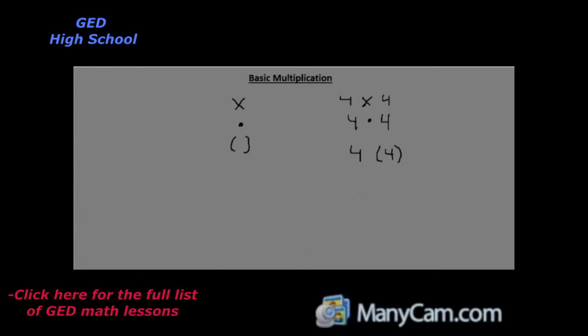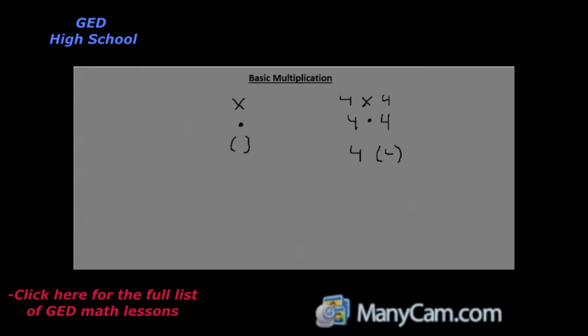Okay? And no matter what number, if it was 6 times 8, it could be written like this: 6, and then the 8 is inside the parentheses. Or it could be written as 8, and then 6 is inside the parentheses. It doesn't matter. It could be written either way.